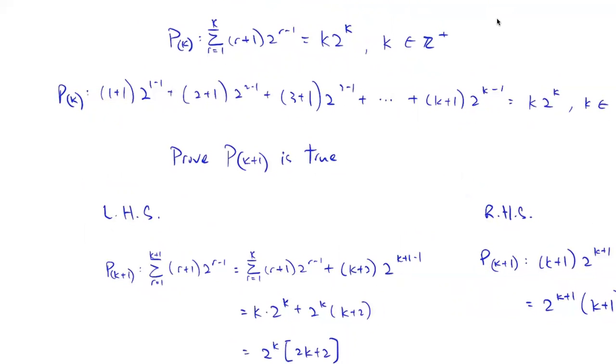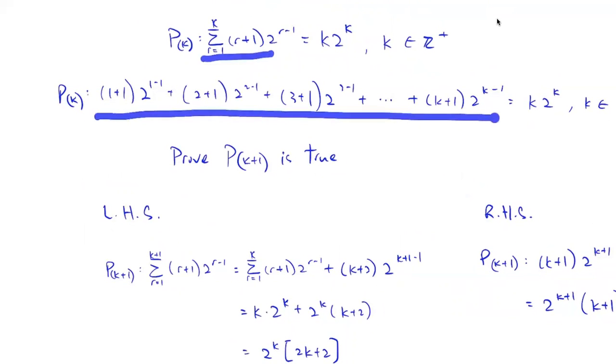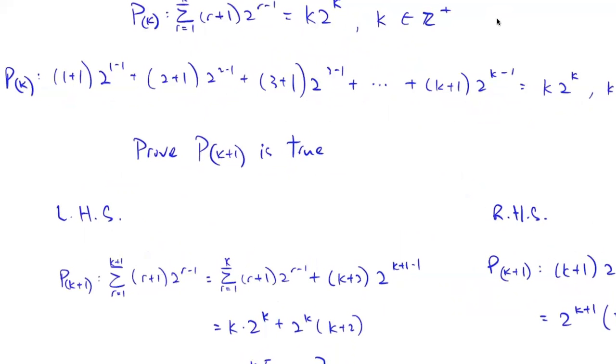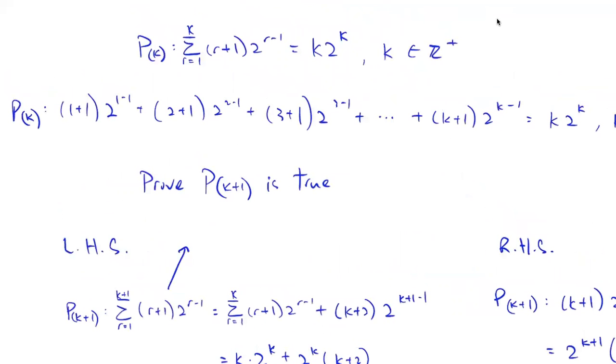Because Pk equals to this expression, Pk plus 1 is essentially, I'll write it out here, the sum from 1 to k of r plus 1 times 2 to the power of r minus 1, plus this value, but all the k will be k plus 1. So k plus 1 is k plus 2, 2 to the power of k plus 1 minus 1, so that's just k.